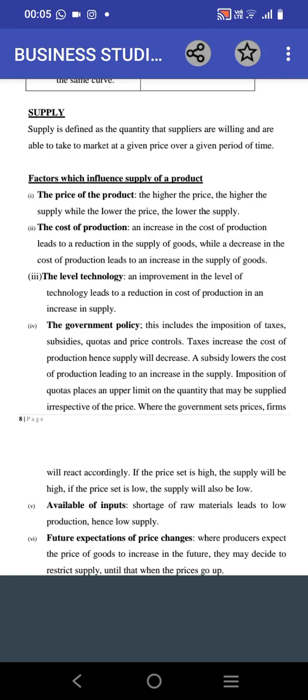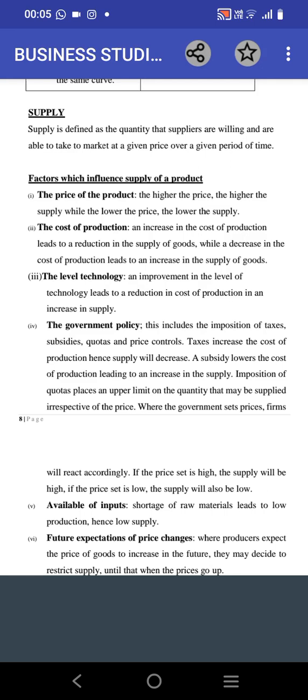An increase in tax leads to a decrease in production and supply. If the government imposes high tax on this business, it will not run effectively.